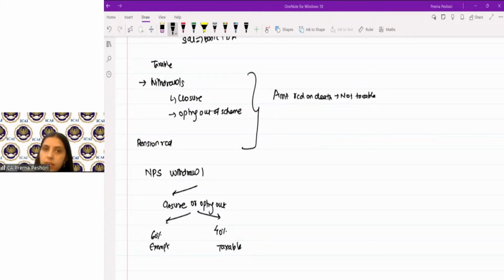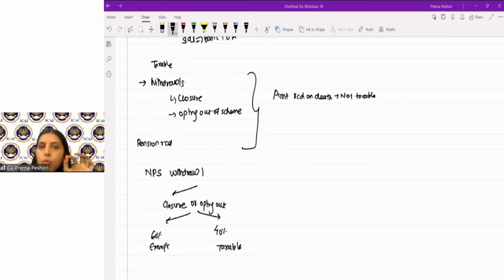Are we clear? In case of the pension fund, sorry, 60% is taxable and 40% is exempt. Sorry, just change this. Are we clear?